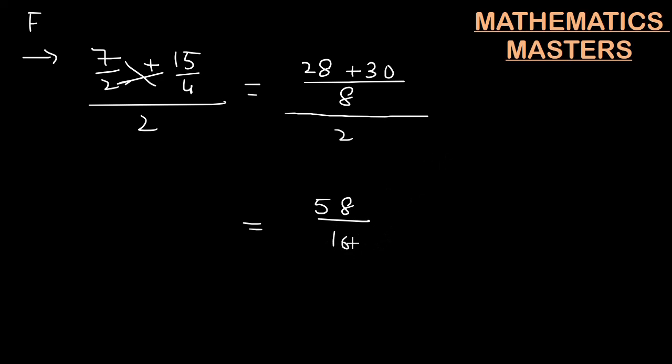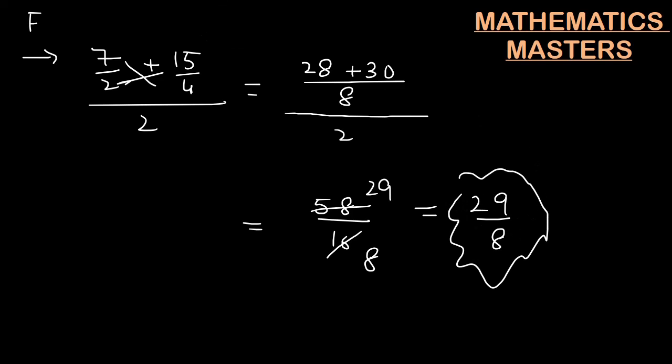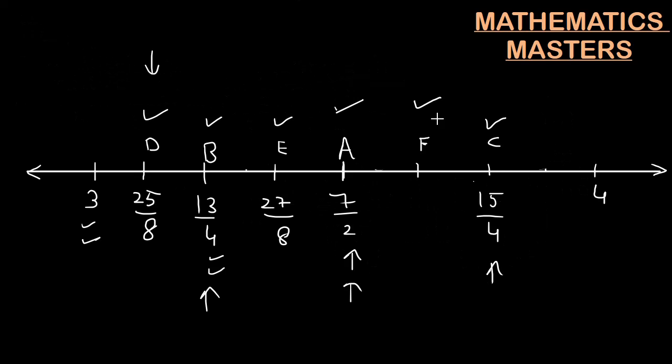Now again they both are divisible by 2. 2 times 8 is 16, 2 times 9 is 18. So 29 upon 8 is the correct answer of F, 29 upon 8. So my F rational number is 29 upon 8.